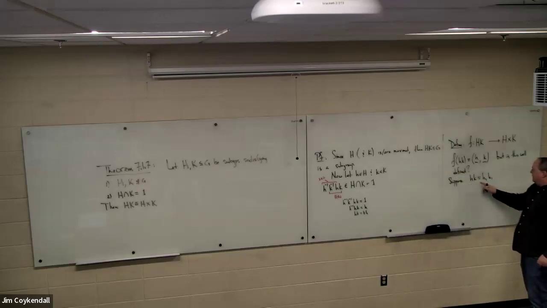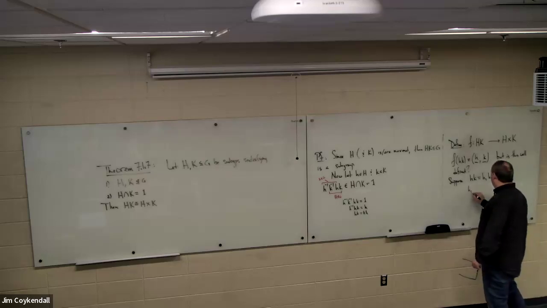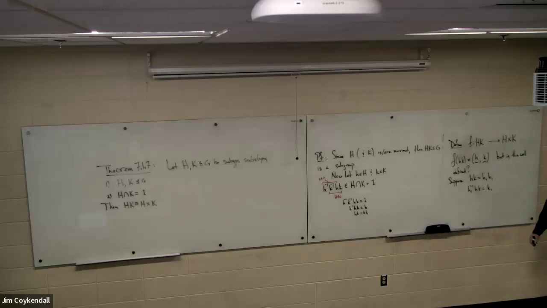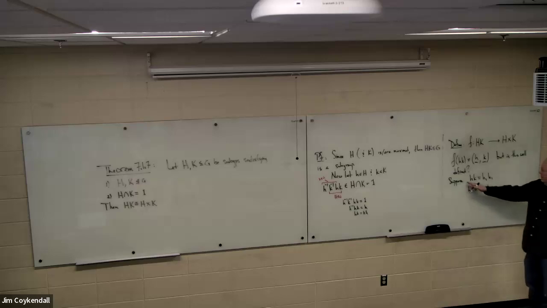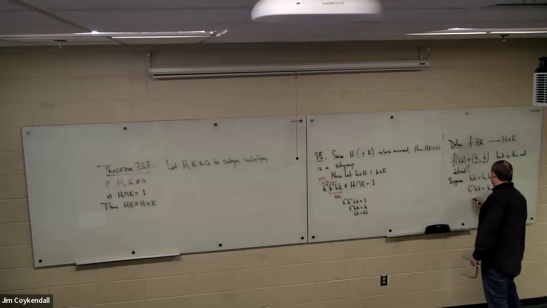I'm going to multiply first on the left side by h1 inverse. h1 inverse hk is equal to k1. That's multiplying on the left by h1 inverse, so it kills that one. Now I'm going to multiply on the right by k inverse.